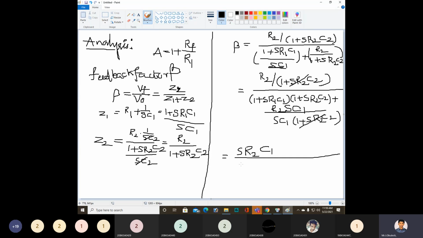You need to write 1 plus, taking common S from the three terms, R1 C1 plus R2 C2 plus R2 C1, plus we have a square term also, S square R1 R2 C1 C2.